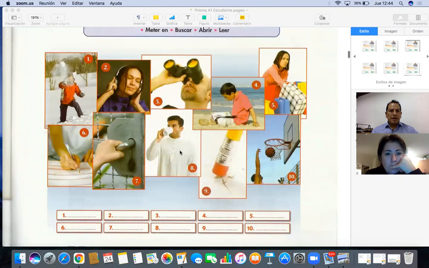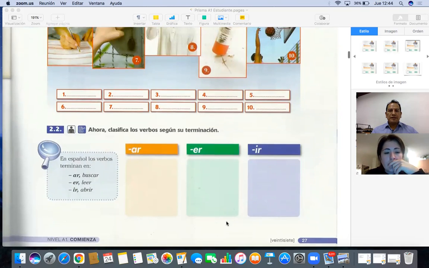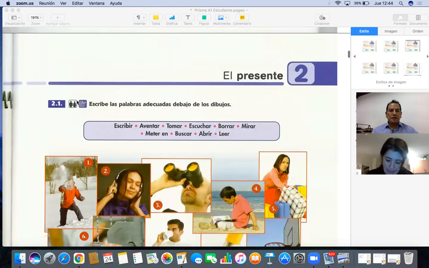That's here, página 27, or activity 2.1. So match the verbs, these words to the pictures, and that's all I'll ask you to do, and then we'll work on that in próxima clase, next class.